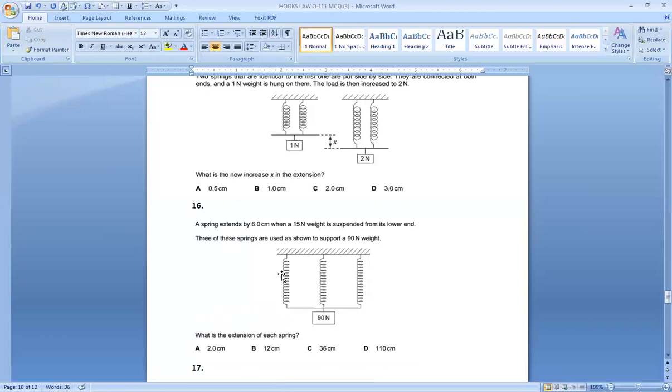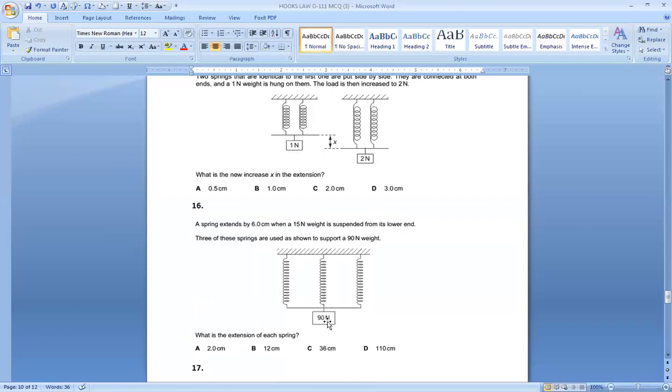It means if we put three springs together, first he says one spring extends 6 centimeter. But if I put three springs together for 50 Newton, they will extend only 2 centimeter each. Because three together carry 50 Newton, they will extend only 2 centimeter.